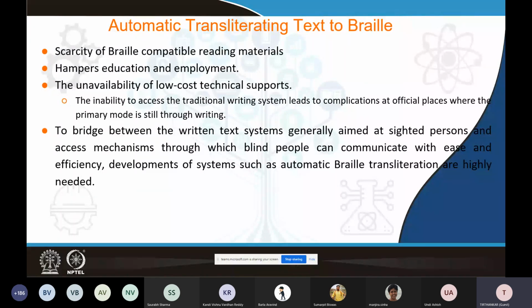Transliterating English language text to braille is already there. What Sparsha did is develop a technique to automatically convert Indian language text to braille also. We will discuss those things maybe at a later time.